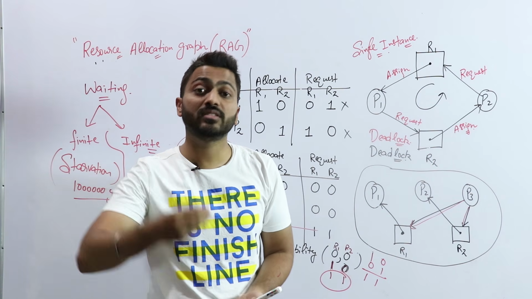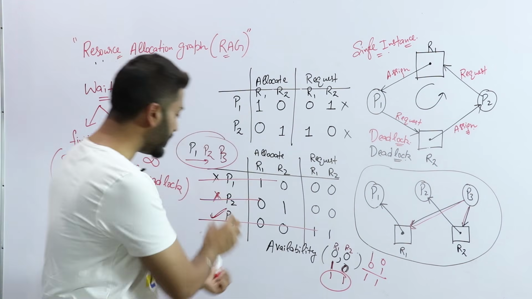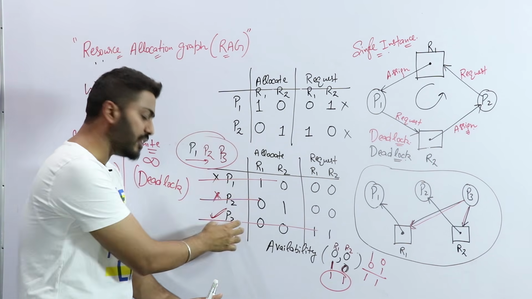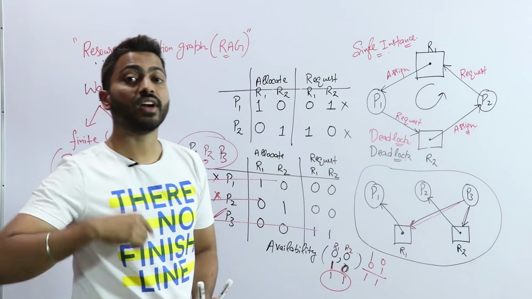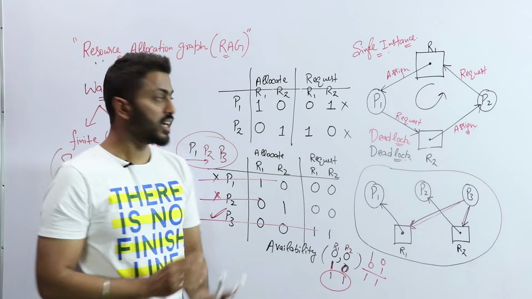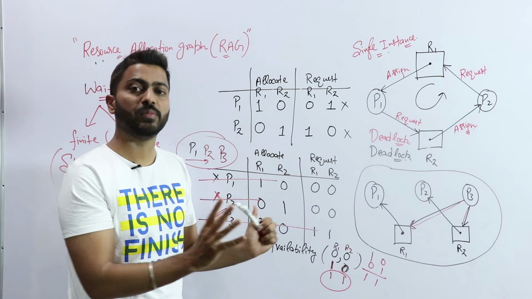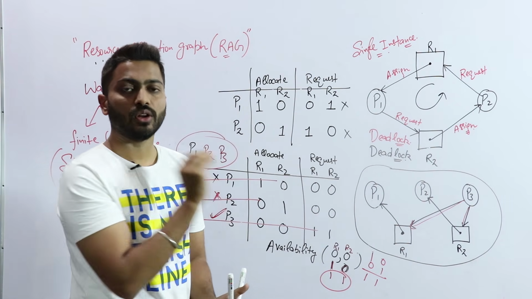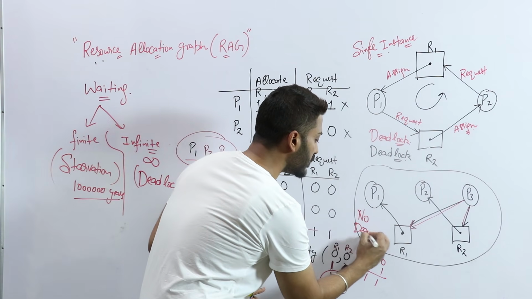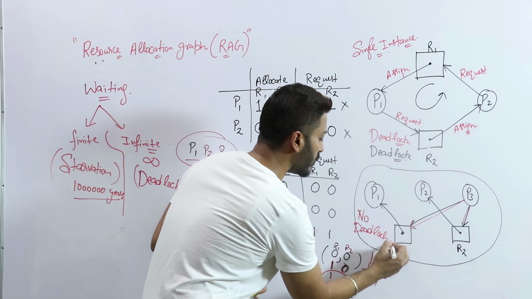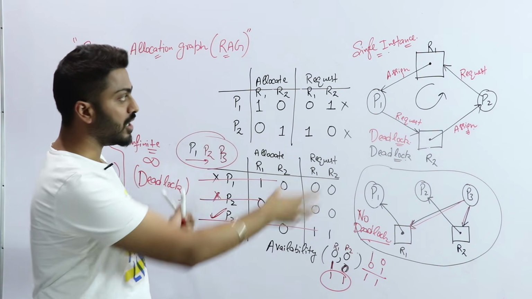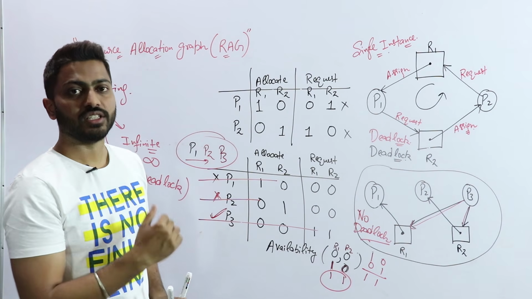That amount of time is finite. So P3 knows that after some amount of time I will definitely get executed. So this is finite waiting, and finite waiting is always starvation. But here the question will be asked simply whether it contains a deadlock or not. So there is no deadlock. This is how we can examine the questions on the RAG.